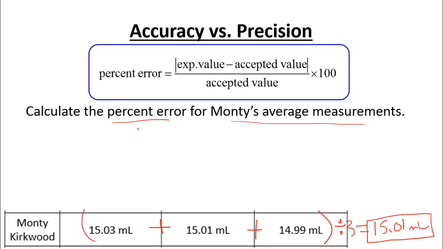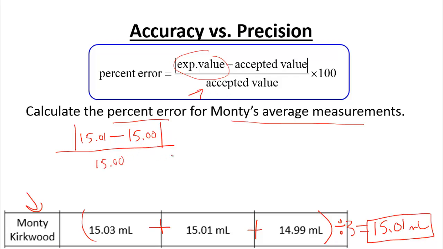Now to find percent error, because these were the experimental values, that goes right here in the equation. We take 15.01 minus the accepted value, which was 15 milliliters. Take the absolute value of this, divide by the accepted value, which was still 15 milliliters, and multiply by 100.